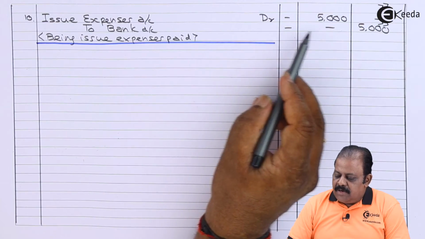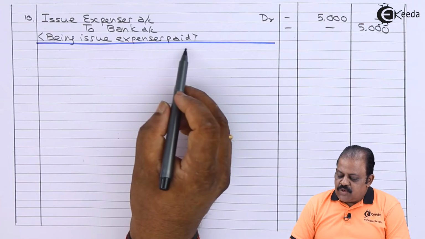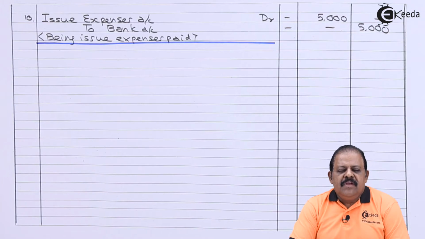Issue expenses account debit 5,000, to bank account 5,000, being issue expenses paid. Issue expenses are relating to share issues.